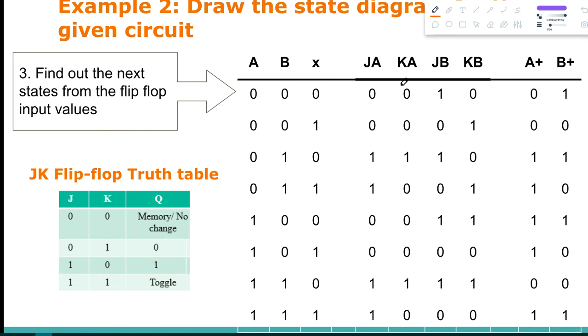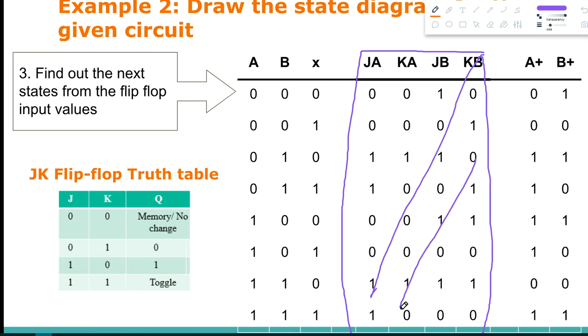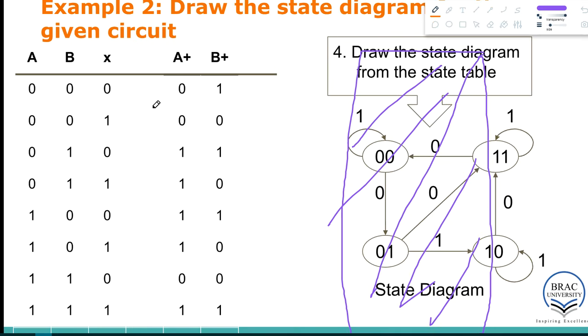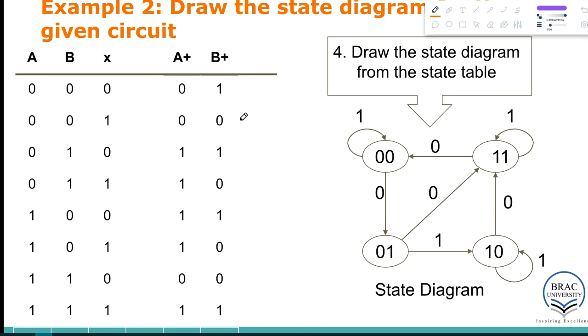Then, to get a cleaner and neater version, we'll ignore the flip-flop input part and write the whole table again. This would be the new table after ignoring the flip-flop input parts.